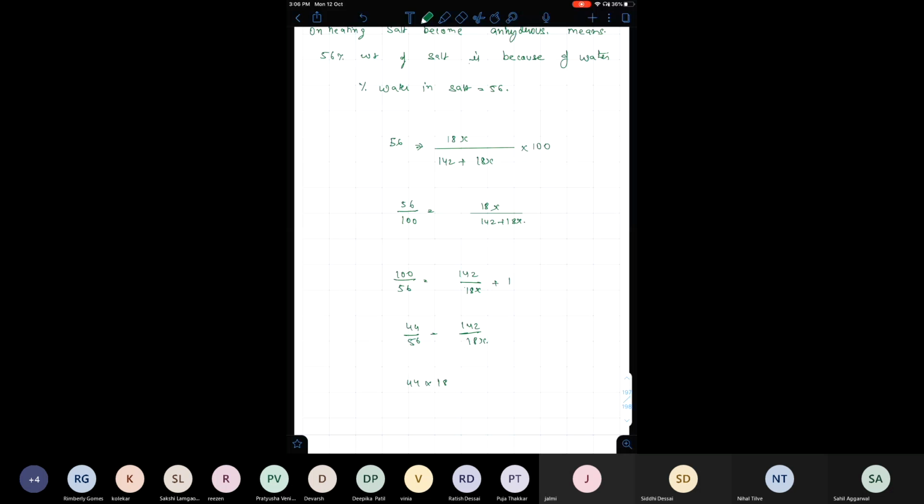So 44 into 18 divided by 142 into 56 is equal to x. 18 3s are 54, and this will be 3.3. So nearly it will come out to be 10. X will be equal to 10.